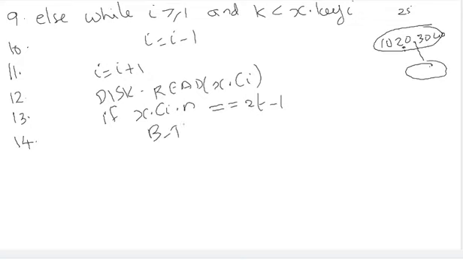When we invoke split child x comma i, that will invoke the previous procedure, split child. This will result in x.c_i being split into 2 nodes. So we will get 2 nodes corresponding to this, and we will arrange the keys in their positions.